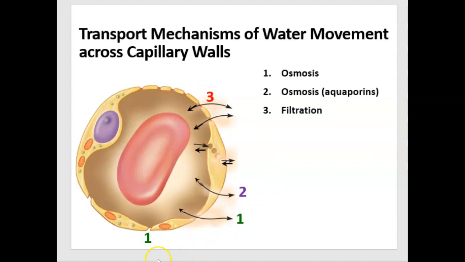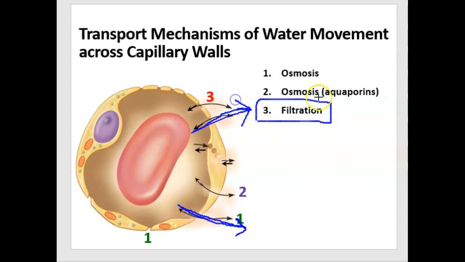And the process by which most water moves out of the capillary bed, we will see, is filtration due to the force of the blood pressure. And so filtration actually can happen between cells and through fenestrations, either one.